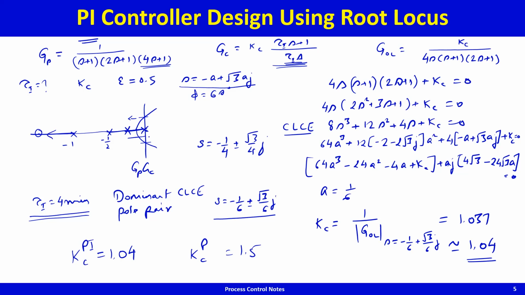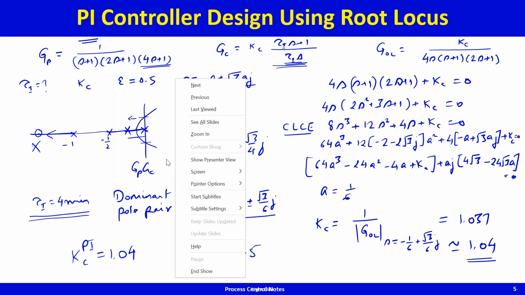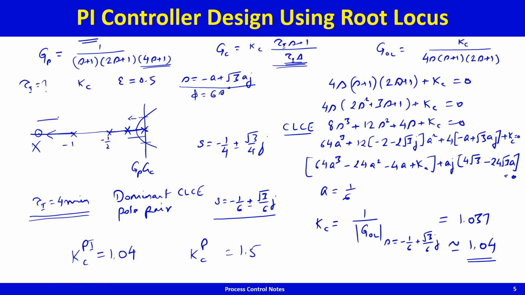If you are using too small a tau I, your system goes unstable at too small a proportional gain. So this is not a good position, so we will not put it here. Let's move it that way.